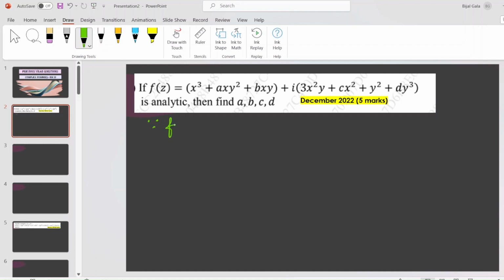Now, since f of z is given to us as analytic, therefore it satisfies Cauchy-Riemann equations.